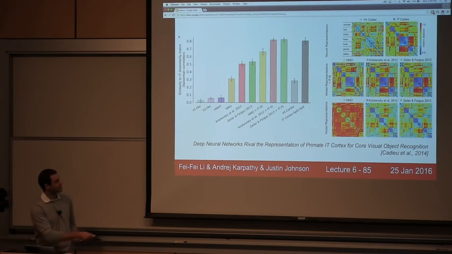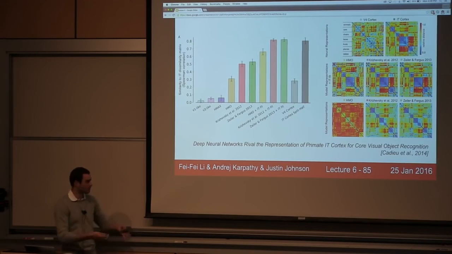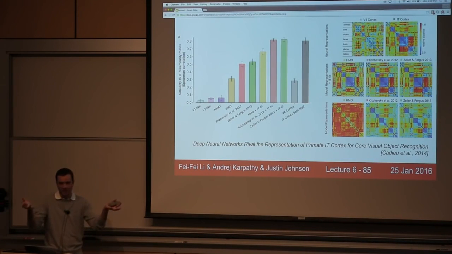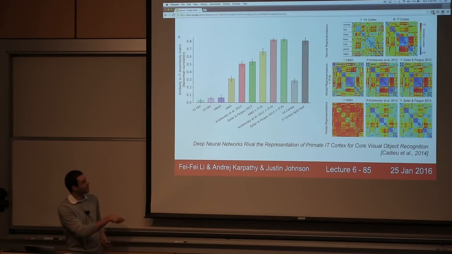Perhaps even more striking results are here, where they fed a lot of images through the convolutional network, and they got this monkey to look at lots of images. Then you look at how these images are represented in the brain or in the ConvNet. These are two spaces of representation of how images are arranged by the ConvNet. You can compare the similarity matrices and statistics, and you'll see that the IT cortex and the ConvNets have very, very similar representations.